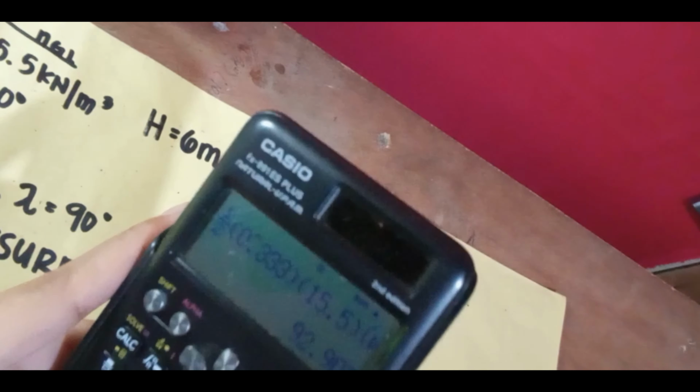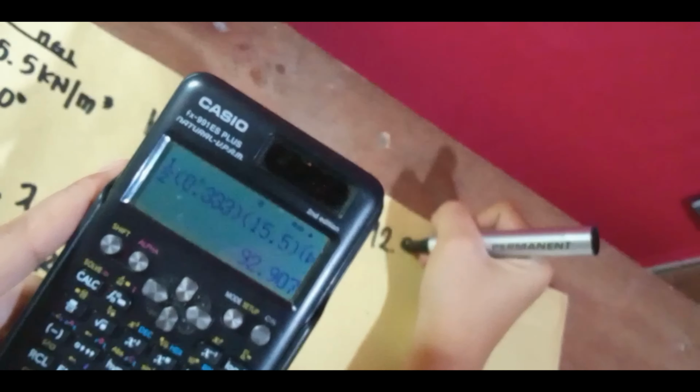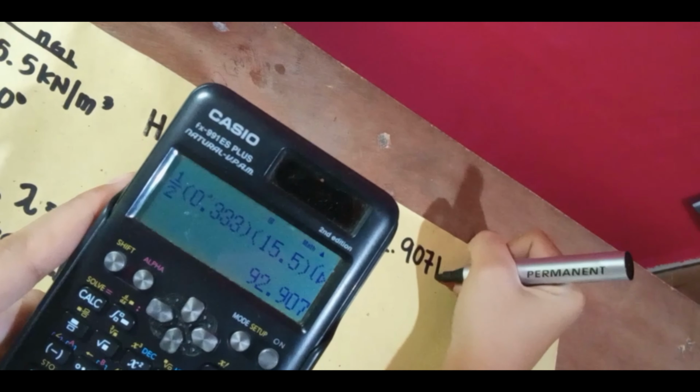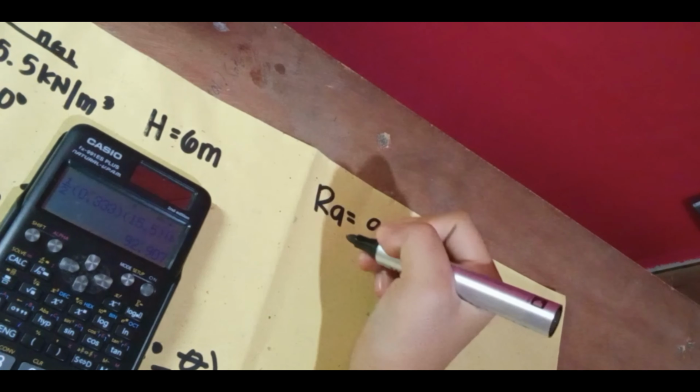Let's calculate. Okay, we have an answer of 92.907 kilonewton. So, we have RA. So, let's proceed to the passive pressure.